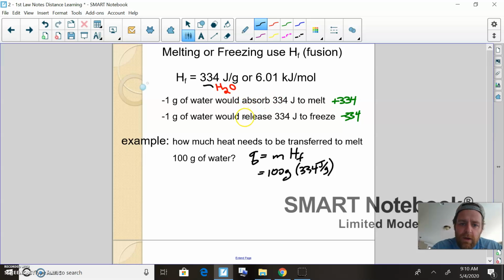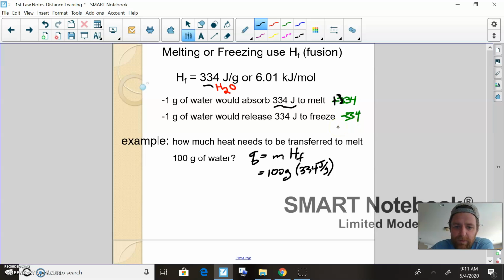One gram of water would need to absorb 334 joules to melt, so to melt it, it's positive. If we're going to freeze it, going from a liquid to solid ice, we lose it, which is minus 334.